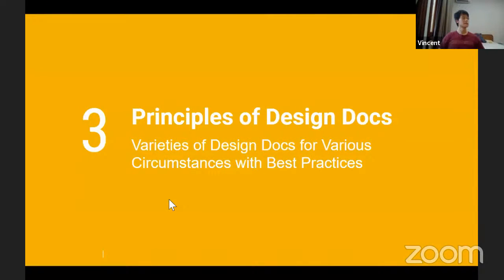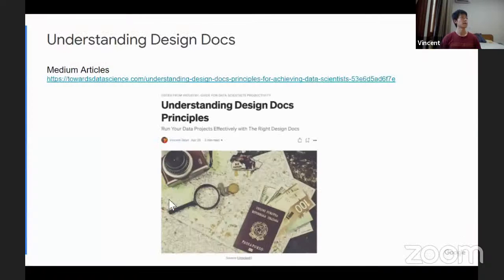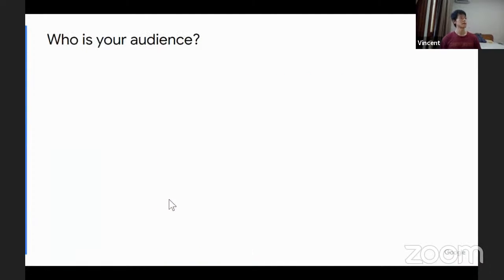Okay. So the last one that I want to mention, after we talk about why and how of design docs, is the principles of design docs exactly, or what kinds of varieties of design docs there are. I do have another Medium article that talks about it in greater detail. But the first thing that you want to answer is: who is your audience?